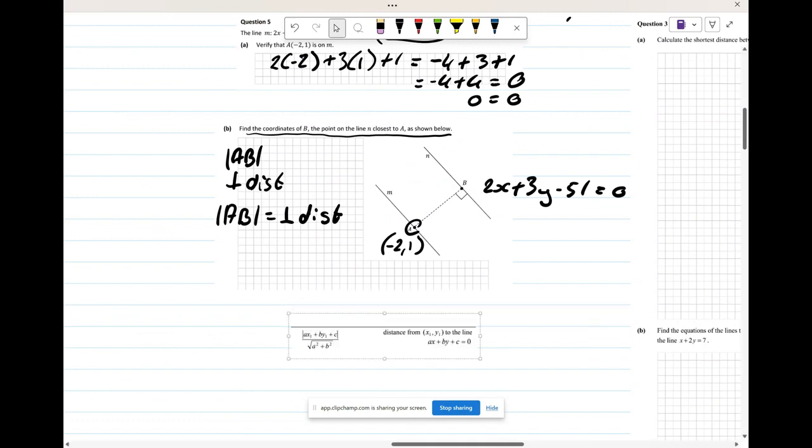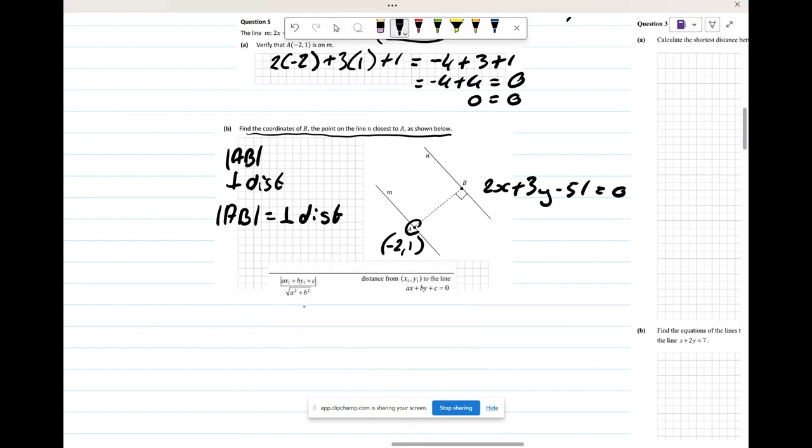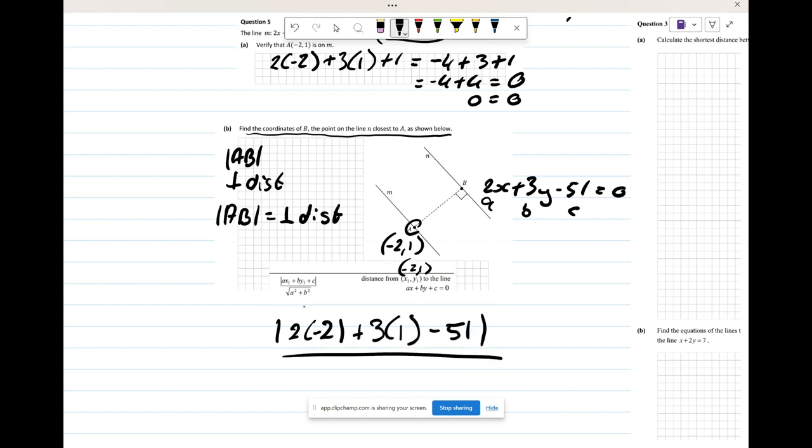If you go to your log tables, you're going to find this formula. So the distance from this point, minus 2, 1, and our A was 2, our B was 3, and our C is minus 51. So let's just sub straight in. A is 2 times minus 2, plus B times y1, which was 3 times 1, and then C was minus 51, and that's the absolute value.